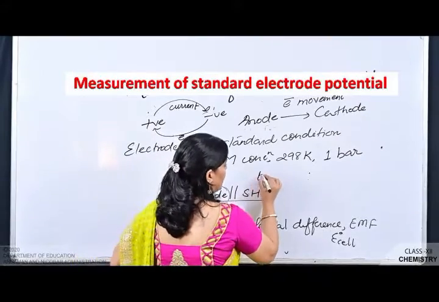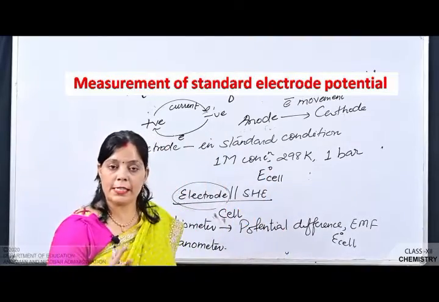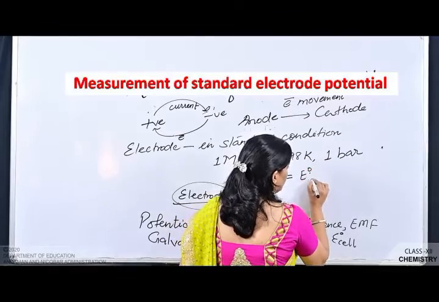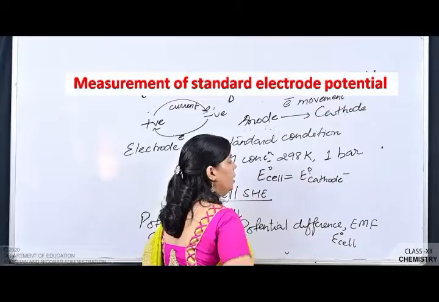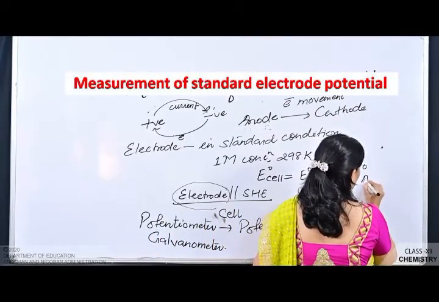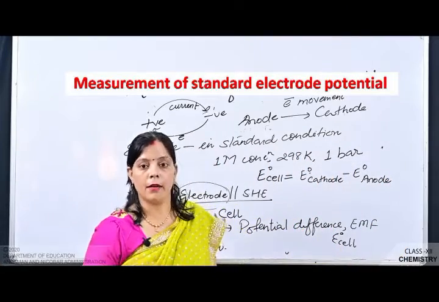And with the help of this formula, E cell naught, that is the electrode potential of the cell in the standard condition, is equal to E naught cathode, the electrode potential of the cathode in the standard condition, minus E naught anode, the electrode potential of the anode in the standard condition.